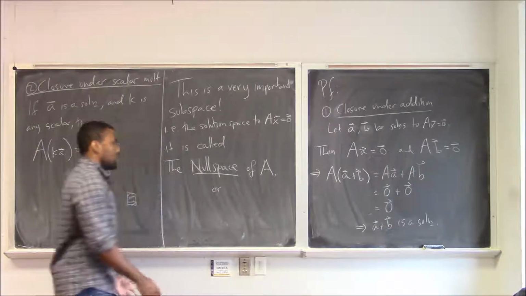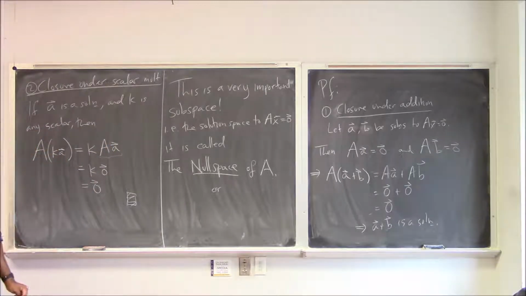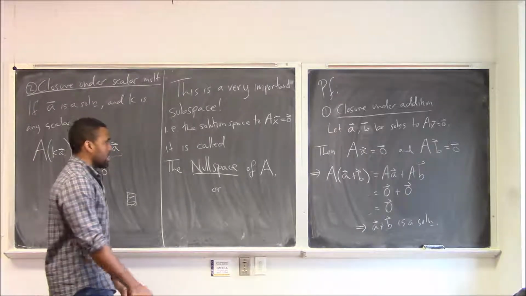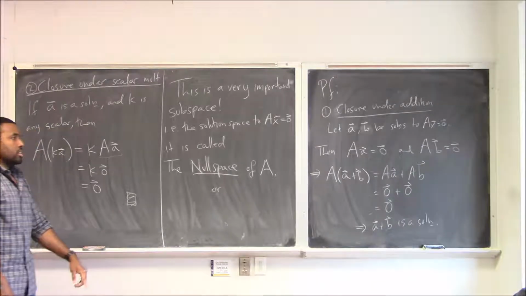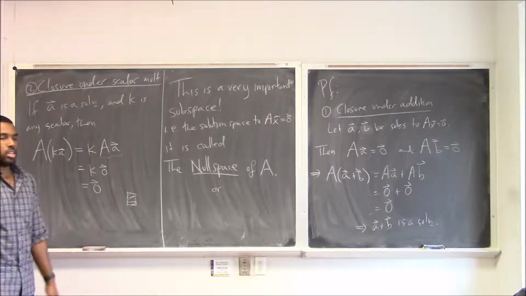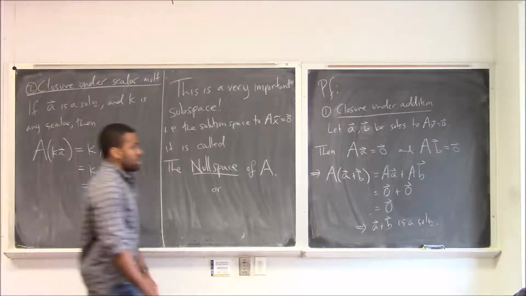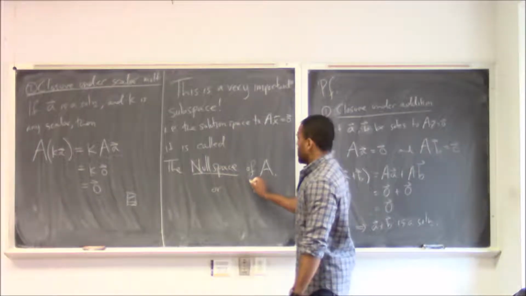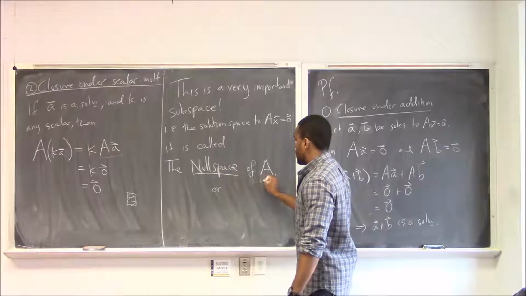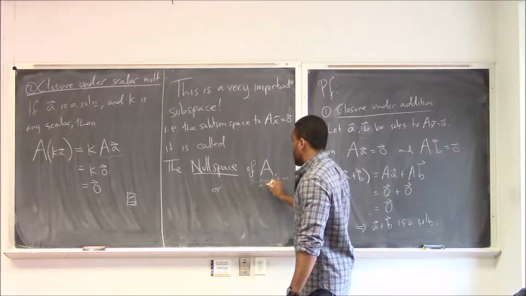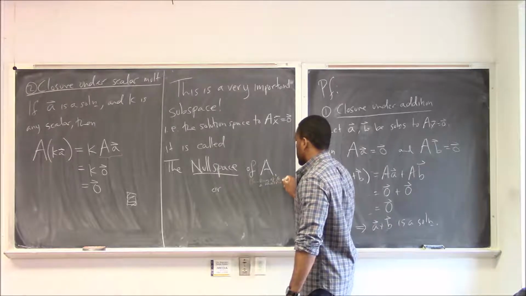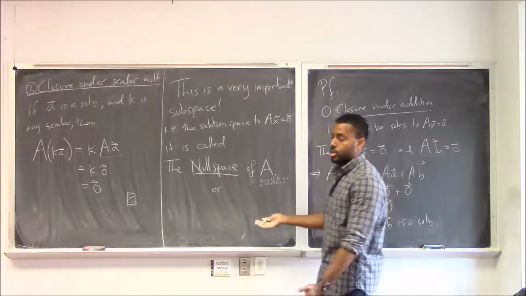Or, and this is in the future, this is what we call it more strictly, usually we use this phrasing if we're thinking of A strictly as a linear transformation. So it's the null space of A. Here we're basically thinking of A as a matrix, then the common vernacular is to say it's the null space.